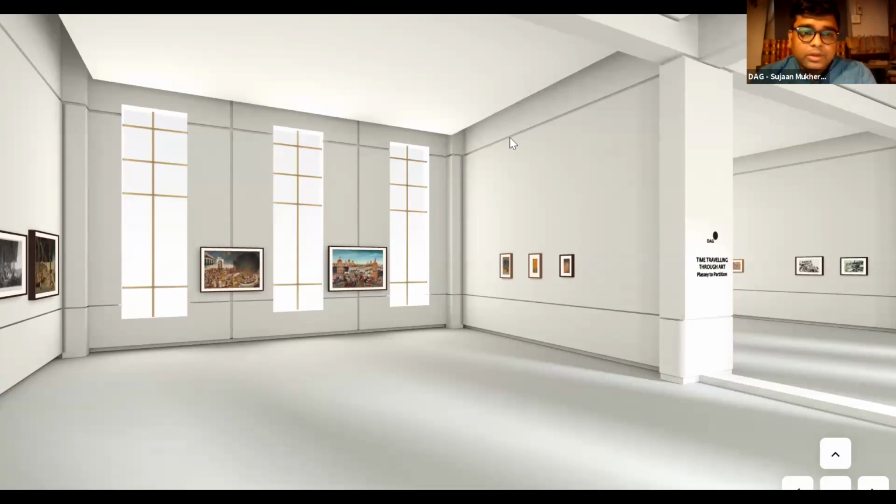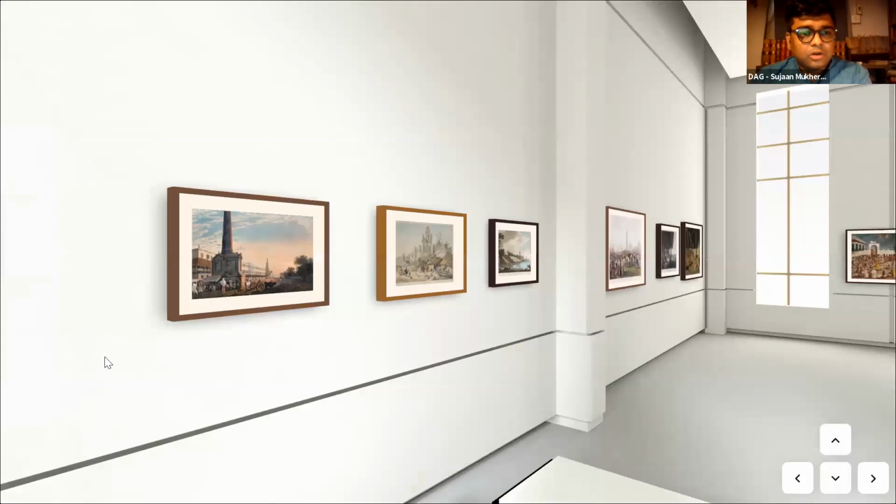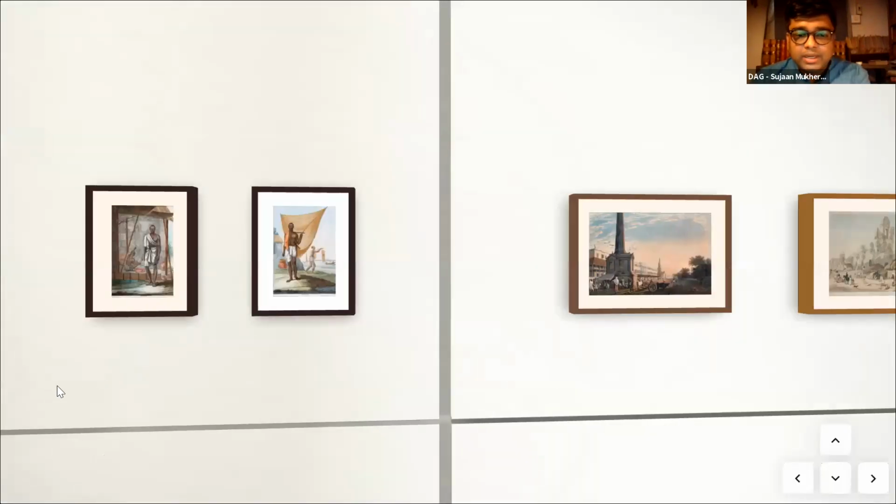Particularly, we are looking at the Bengal side of the story. That's what's in focus today, and that process of colonization is not just an economic or a political colonization, but it comes with all of these new systems of knowledge, new cultural practices, and so on and so forth, as well as multiple new ways of seeing.